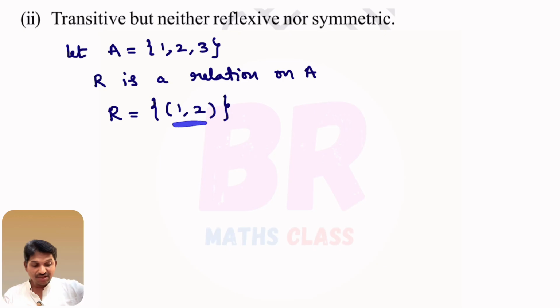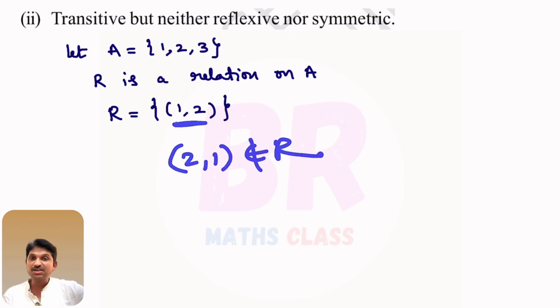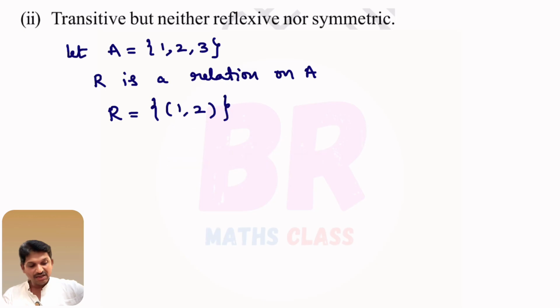(1, 2) is there in the relation. (2, 1) does not belong to the relation. So this relation is not symmetric. So clearly this relation is not reflexive and not symmetric. Is this relation transitive? 100% this relation is transitive. Every time it creates so much headache to convince the student that this relation is transitive. Why is this relation transitive?